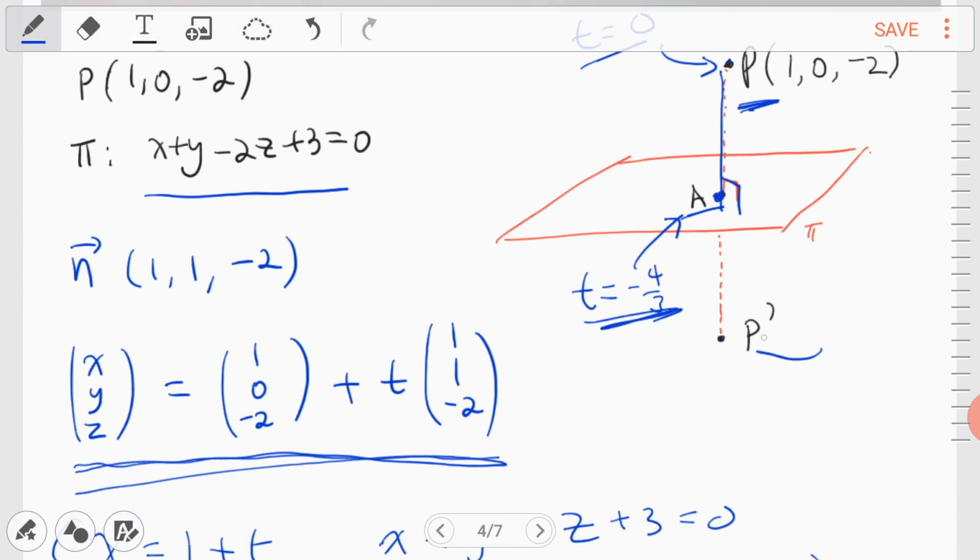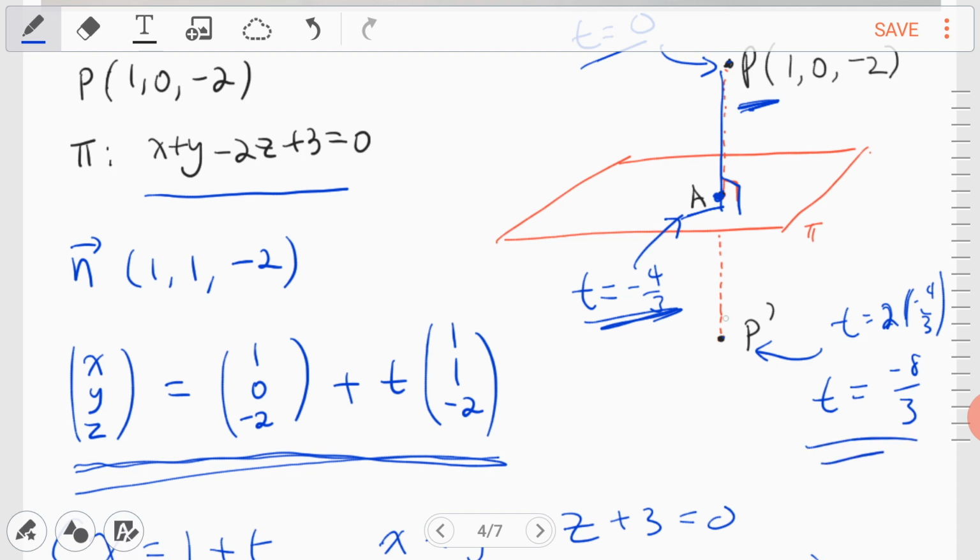So the parameter for P' is t equals 2 times -4/3, which makes t equal to -8/3.